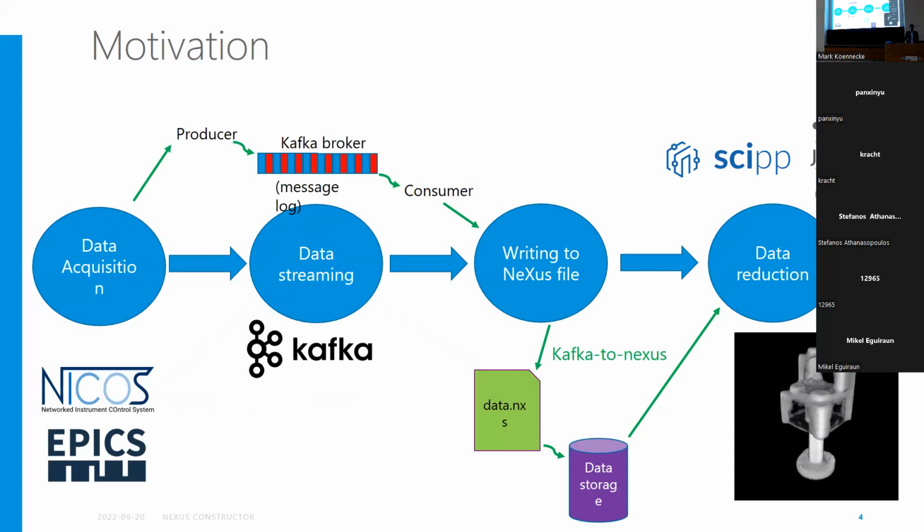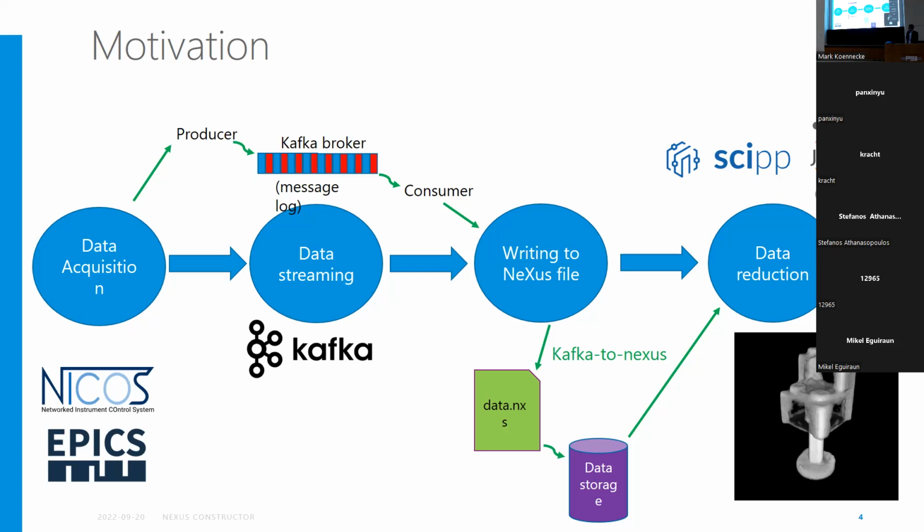And on top of that, we are using NICOS as a network-based control software. All the controls that users will do will be through NICOS, through the command line, through scripts, or through the UI.